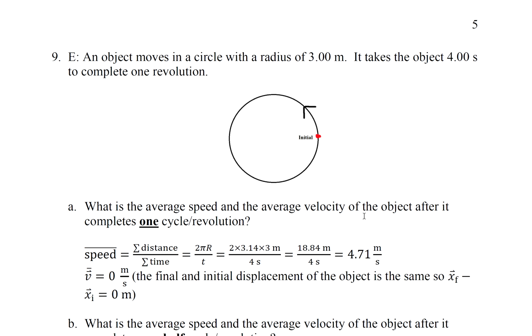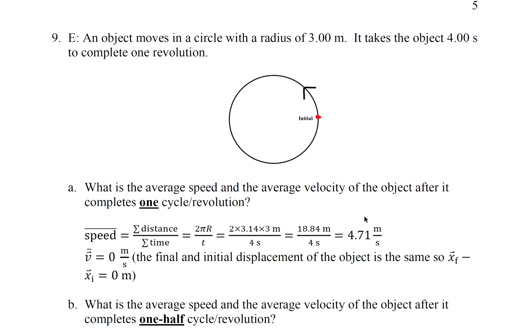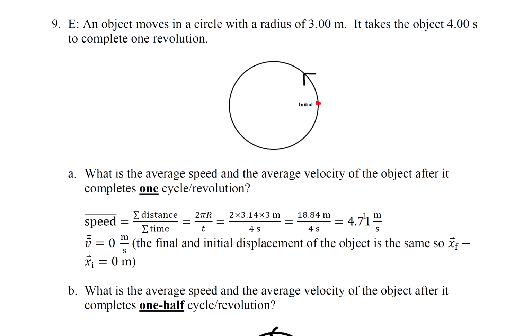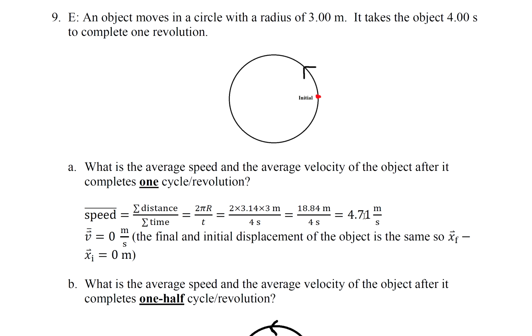Question 9, an object moves in a circle with a radius of 3 meters. It takes the object 4 seconds to complete 1 revolution. What is the average speed and average velocity of the object after it completes 1 cycle or 1 revolution?